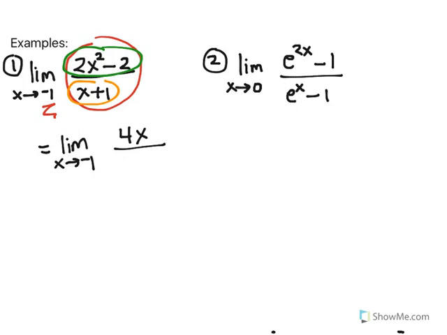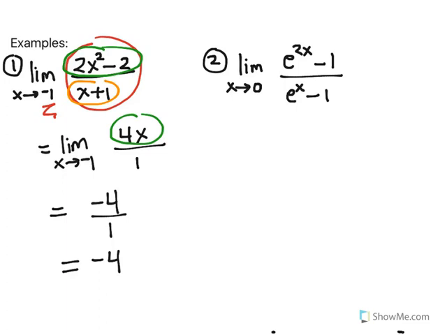The derivative of x plus 1 is 1. And now you would try direct substitution. I will have 4 times negative 1, which is negative 4, so I have negative 4 over 1, and that's my limit, negative 4. So I'm done with the problem. I used L'Hopital's rule to solve it.